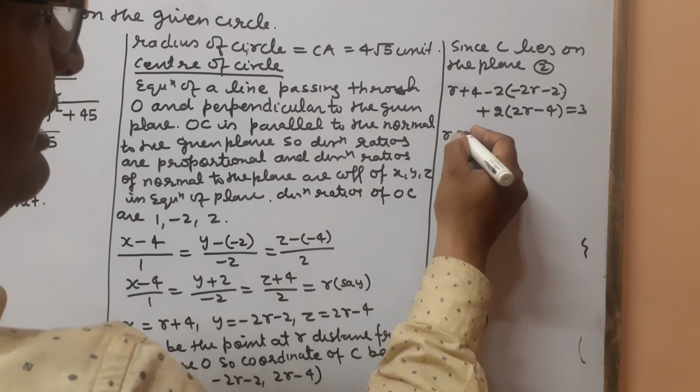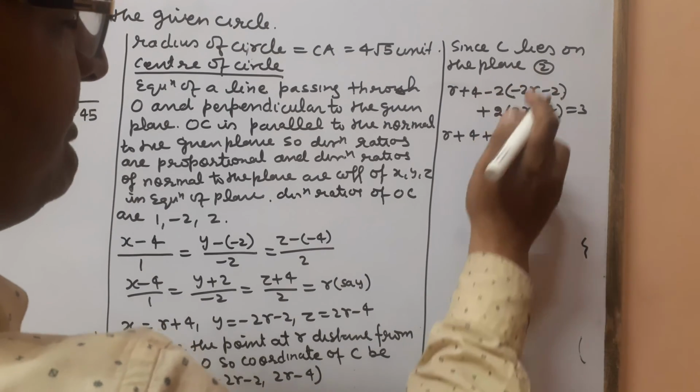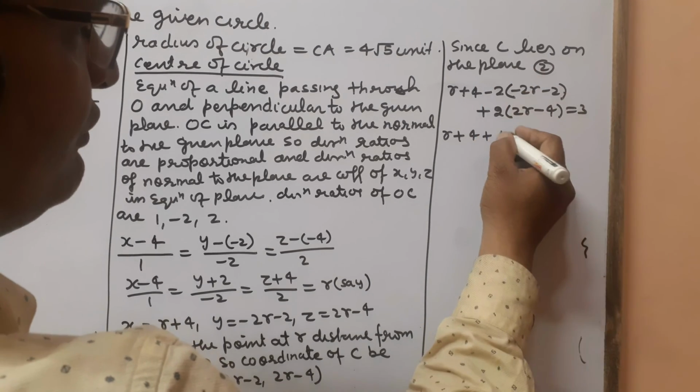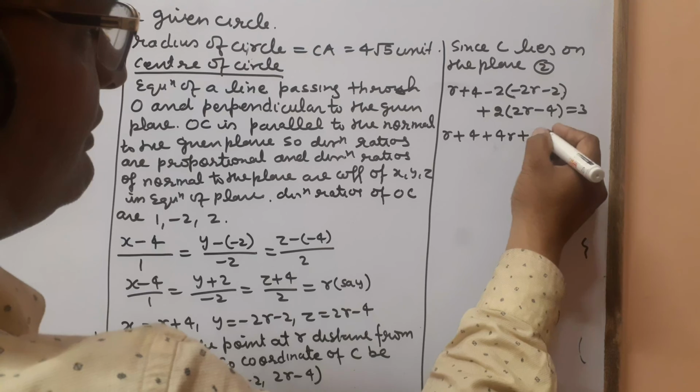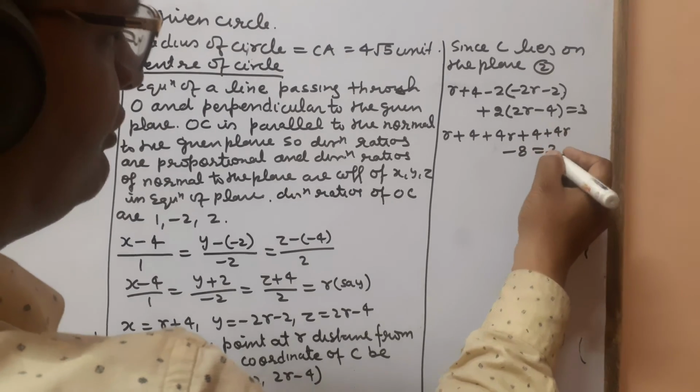So this is r plus 4 plus, minus multiplied by minus, we get plus 4r plus 4, plus 4r minus 8 is equal to 3.